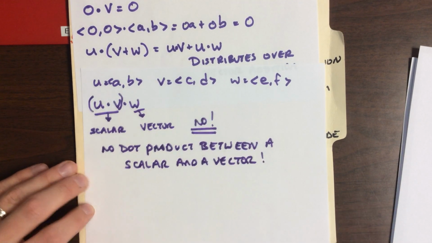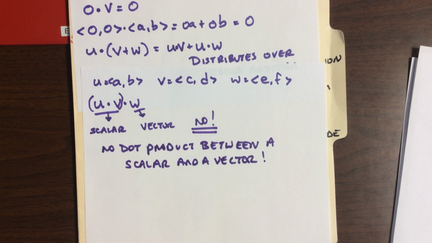Cross product? No. You can't cross a vector with a scalar either.